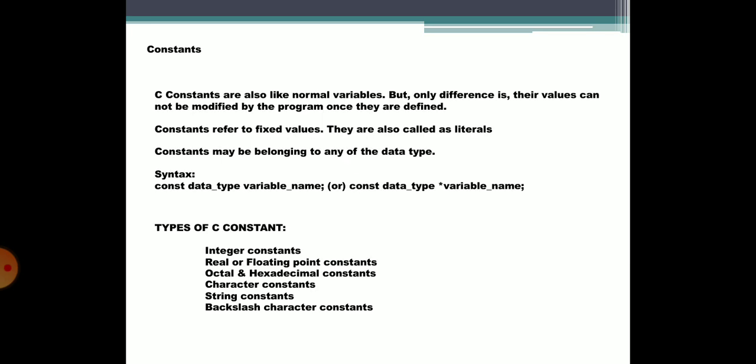Now let's move on to the constants. Constants in C refer to fixed values that do not change during the execution of a program. So C supports several types of constants.